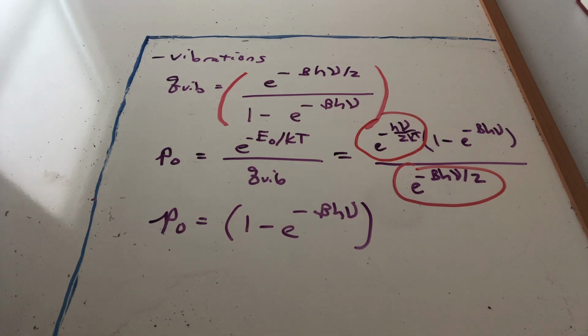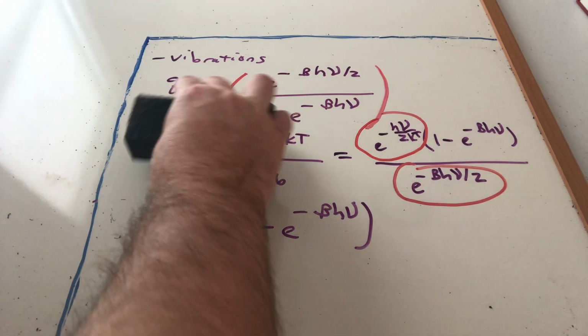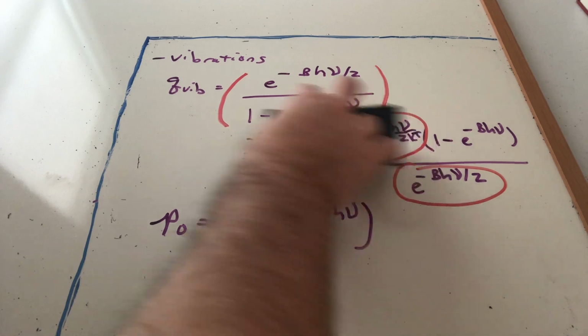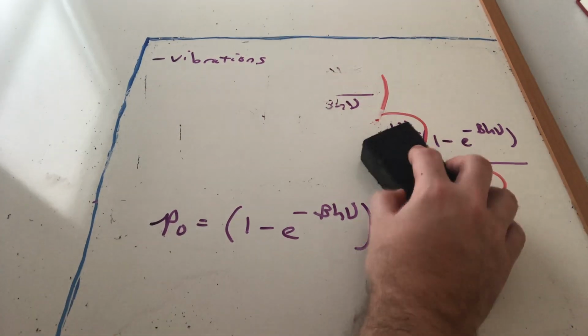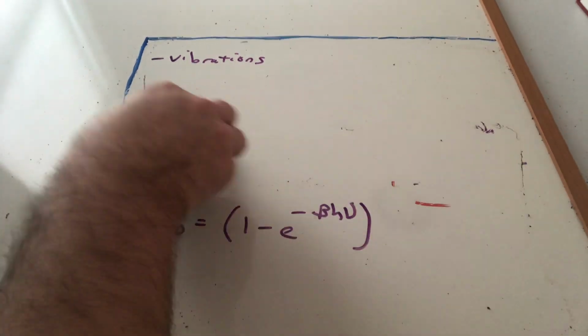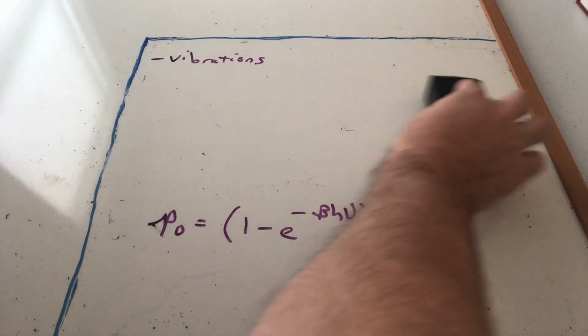You should be able to follow a similar analysis, because I could ask you about any of these states, but you saw how to do it for the ground state. What changes if we do something like P1? Well, the quantum number changed, and that's it.